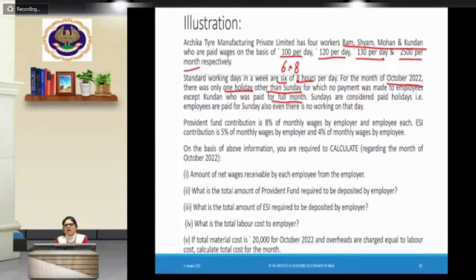But Ram, Sham and Mohan were not paid for it. Sundays are considered paid holidays, so all 4 were paid for Sundays, even though there is no working on that day.